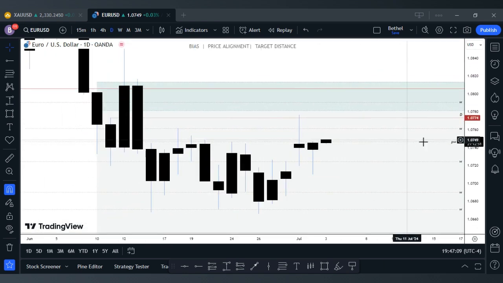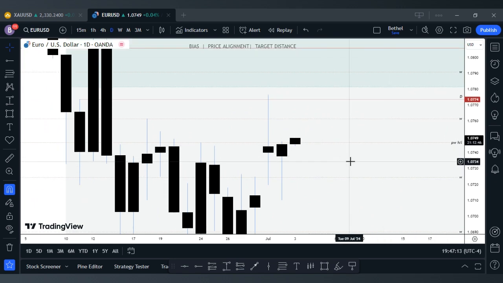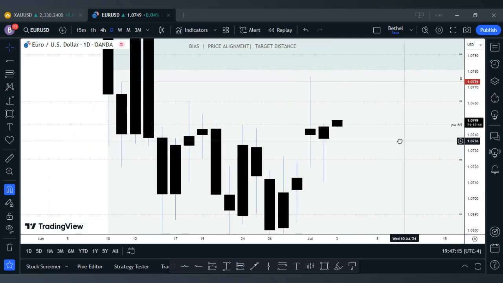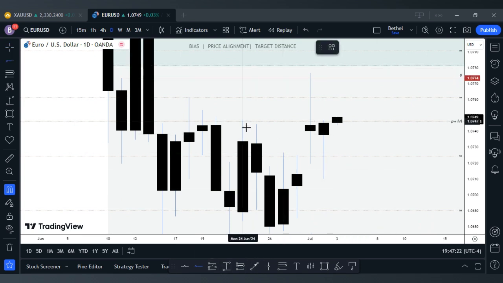So let's put one or two things together just to get that confirmation for buys to come back into this fib. Some of the areas that are quite interesting to me: this daily high, which has already been catered for by the weekly, since that's the previous week's high, so we don't need to do that.